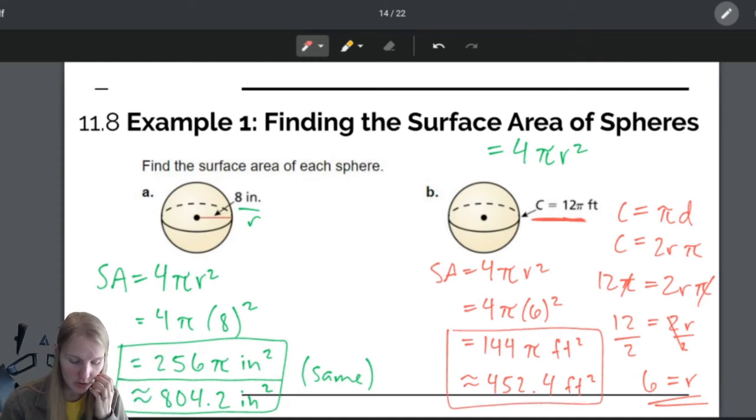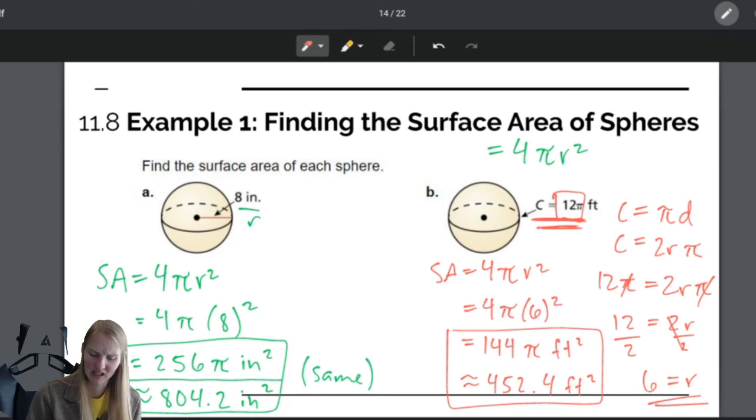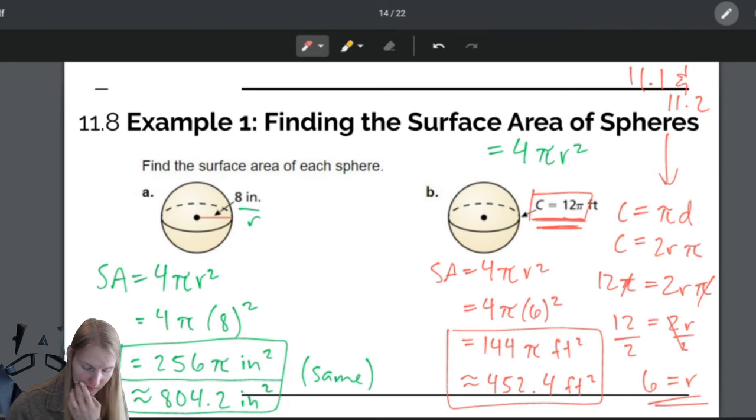Ta-da! So this one we had to do some back solving to find the radius. Do not use this as your radius, because it's not the radius, it's the circumference. So work your way backwards to figure out what the radius is given the circumference. If this moved a little too fast for you, watch it again, or you can go back to our video on 11.1 and 11.2 where we talked about circumference and area of circles.